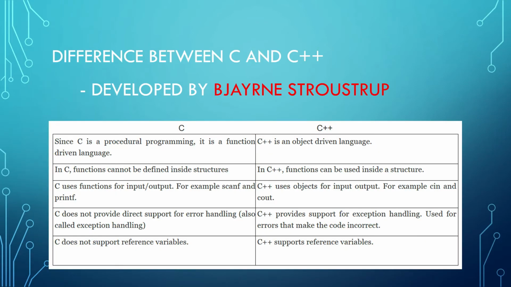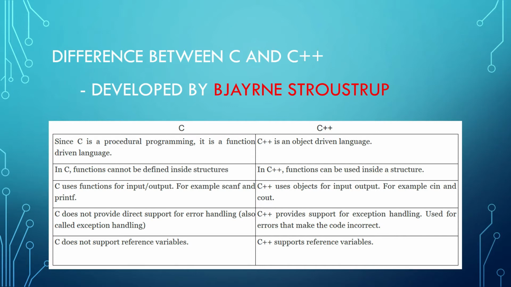So in the early 1980s, a new programming language was developed by Bjarne Stroustrup at Bell Laboratories, that is in the USA. This language, an extended version of the C language, is known as C++. Apart from the features of the C language, C++ also has some additional features such as classes, objects, and so on.